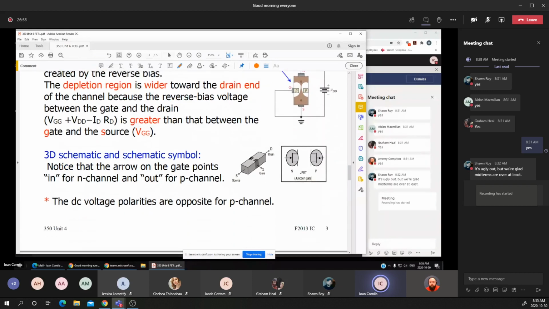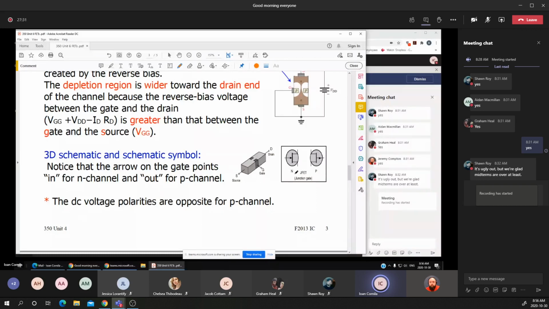Now that's a 3D representation, or the 3D schematic, for an FET. Remember that the gate is deeply embedded in the substrate of the P channel or the N channel. I mentioned that we may have a P channel or an N channel.